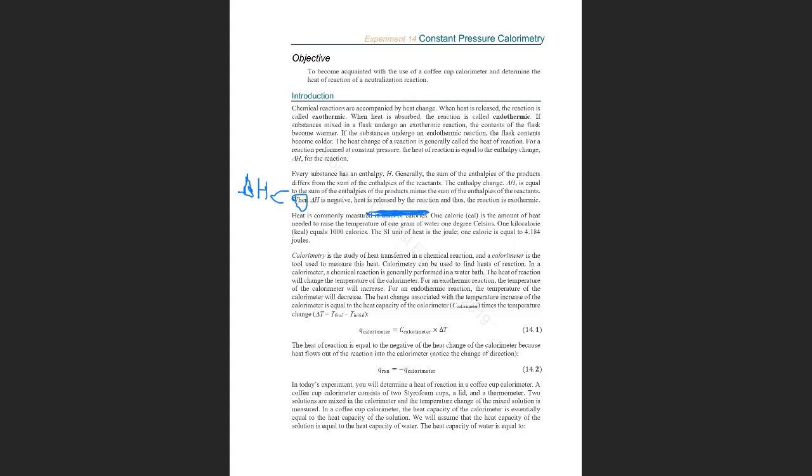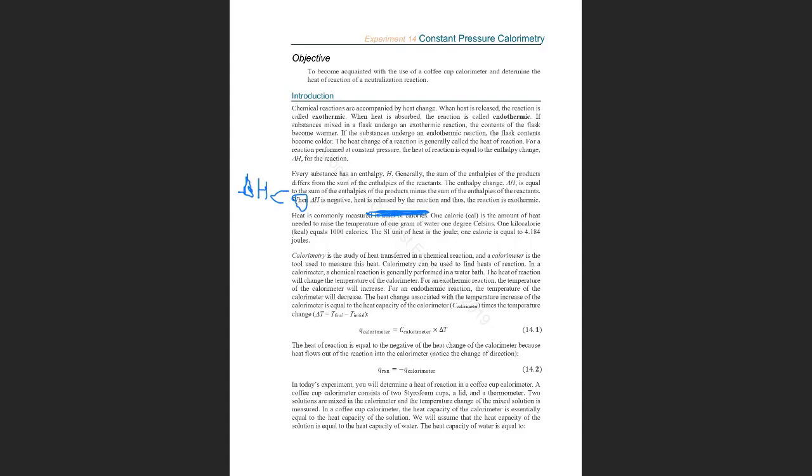I remember these rules: even if it's work or heat, if the system receives something, it is positive. And if the system releases something, it's going to be negative.